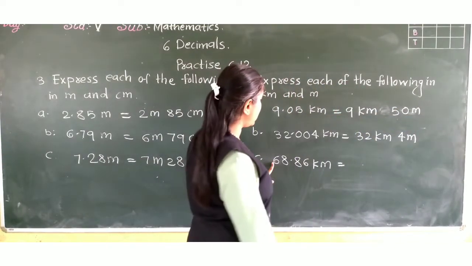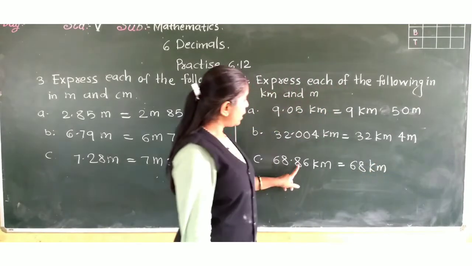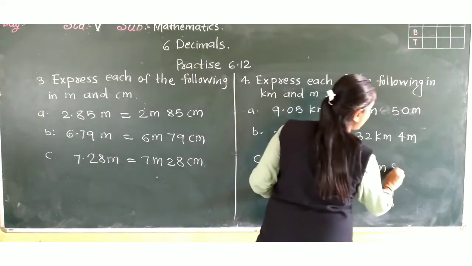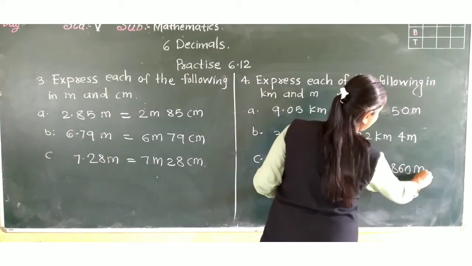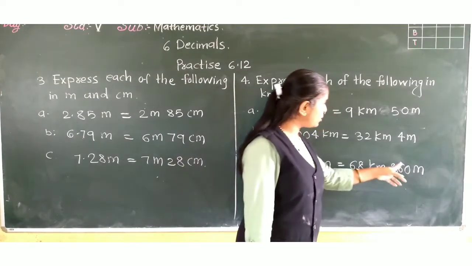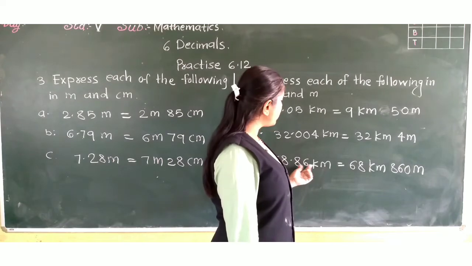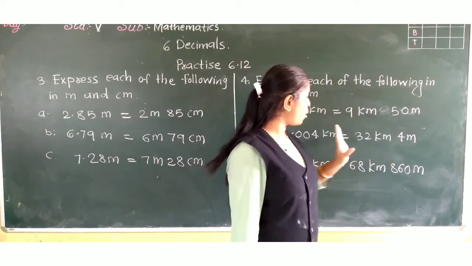Now here 68 that is 68 kilometer and 86 means what? 860 meter. 3 digits we always have to write in the meters part. Okay. Now here only 2 digits they have given, 86. So we can write 860 also. No problem.